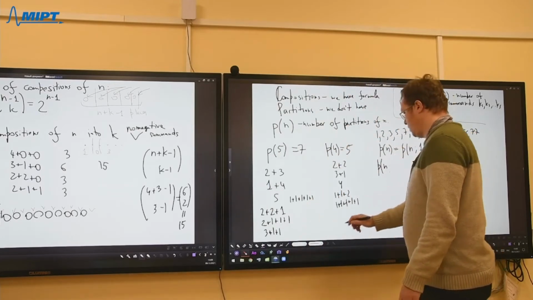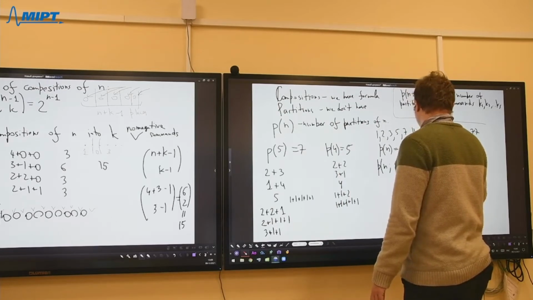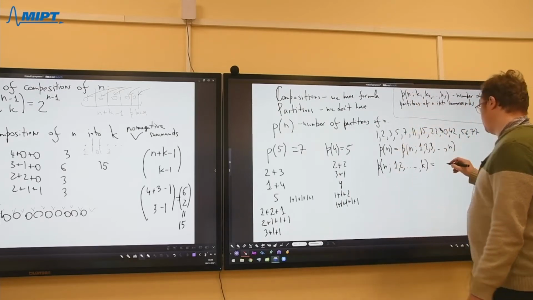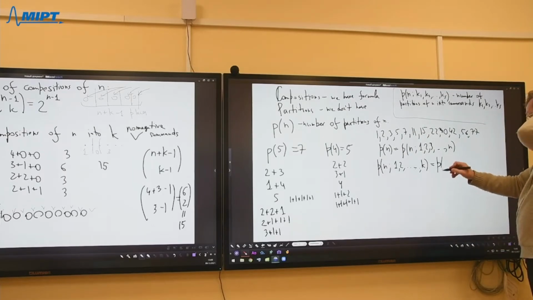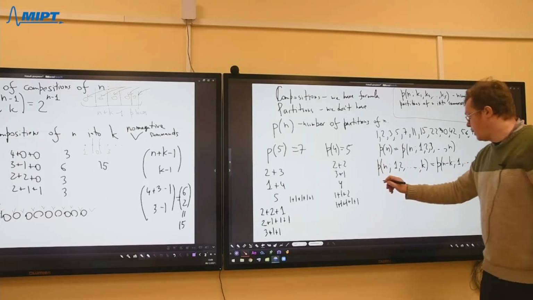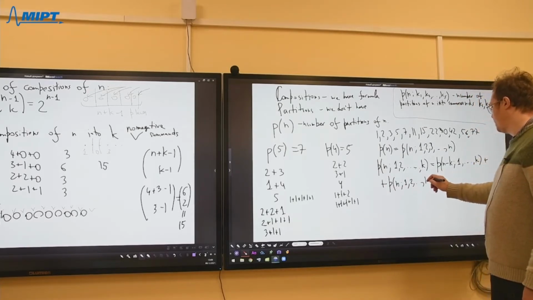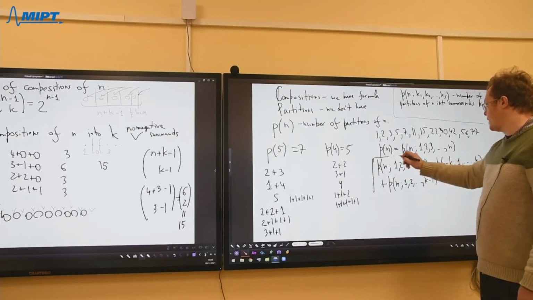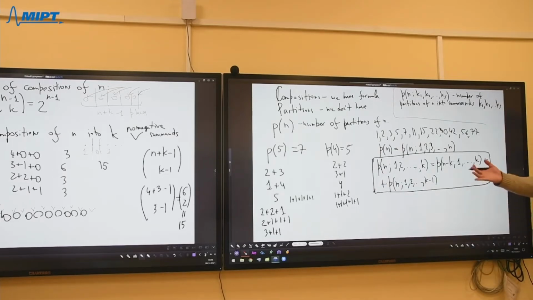P of n, if we take the decompositions into 1, 2, etc., k: if we take k as a summand, then we can look at the partitions of n minus k into the same kind of summands. Or either we don't have k in there, so we write P of n of 1, 2, etc., k minus 1. So we have this kind of recurrence relation for the partitions.